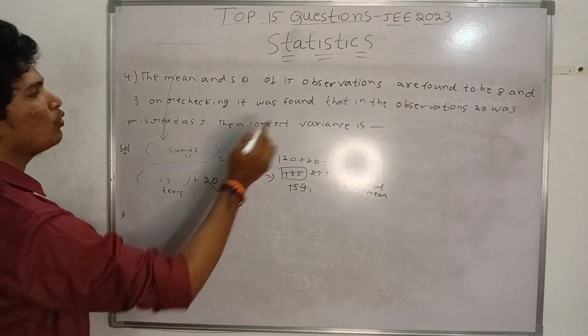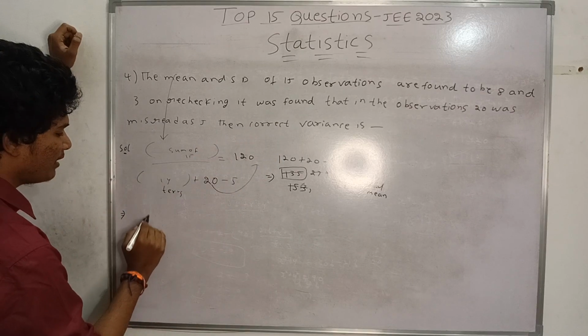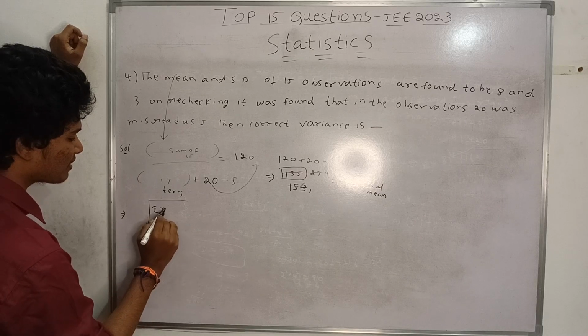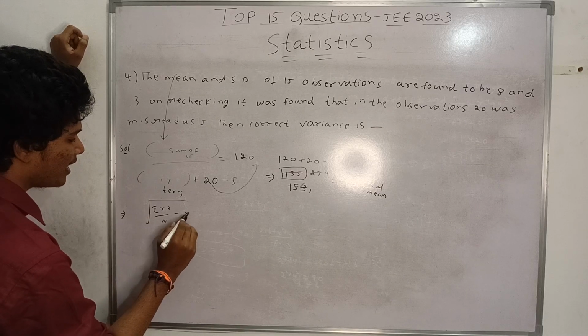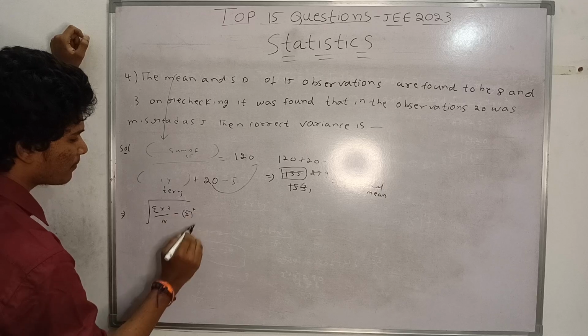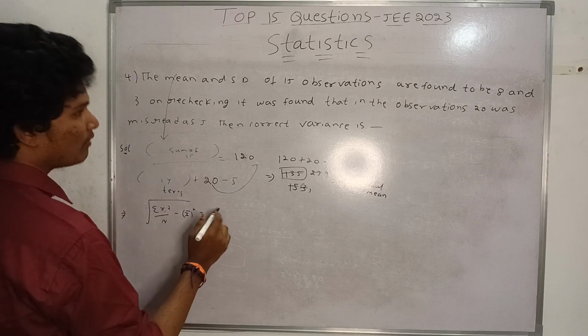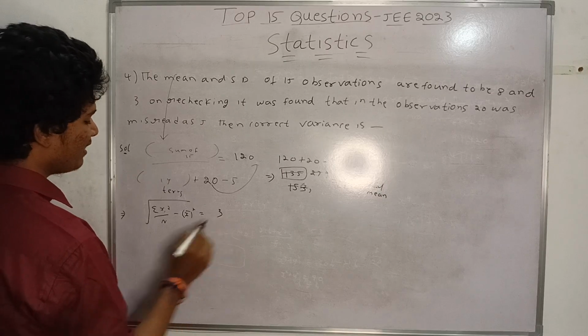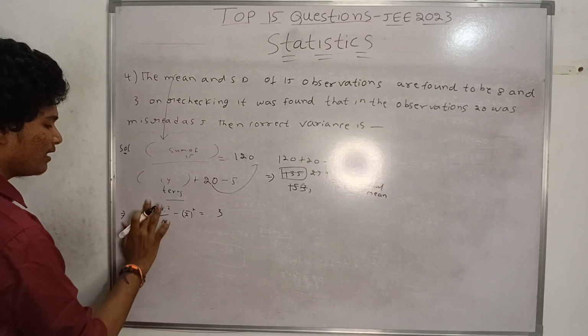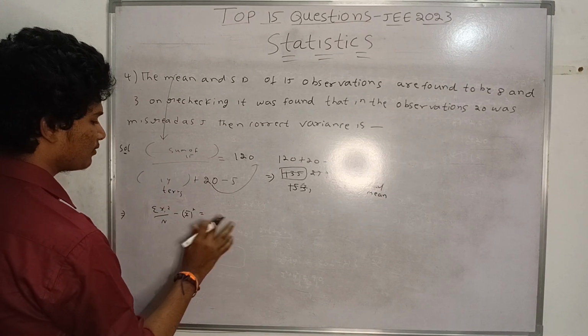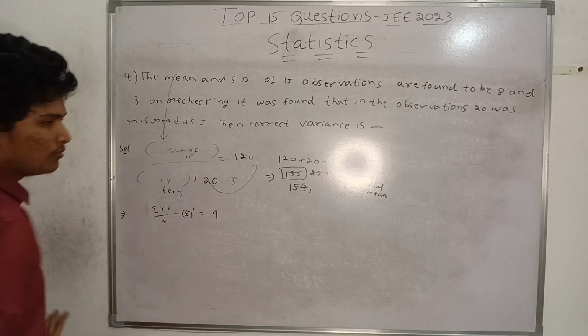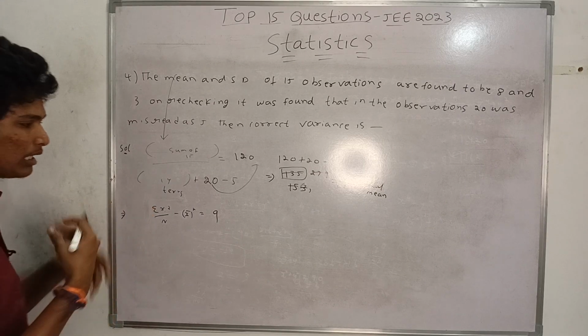So now we will do the standard deviation. What is standard deviation? It is root of sigma xi square divided by n minus x bar whole square. First I am doing the incorrect one. Here it is given as 3. When I take the square root to the right side, I get 9.